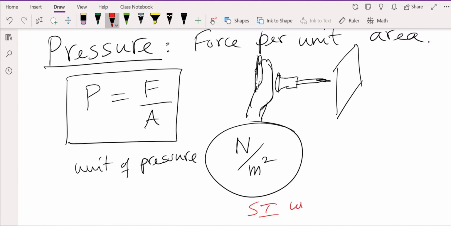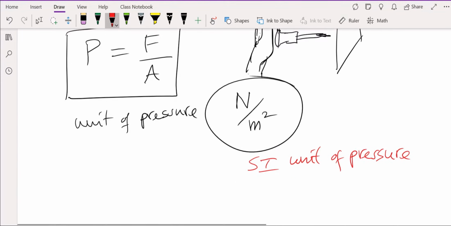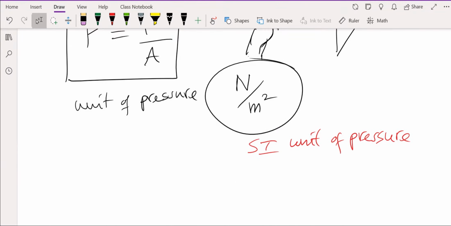SI unit of pressure. The SI unit of pressure is newtons per meter square, also called Pascal, Pa.